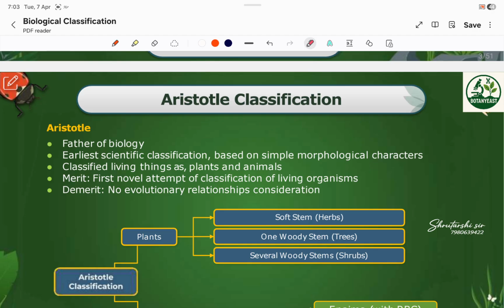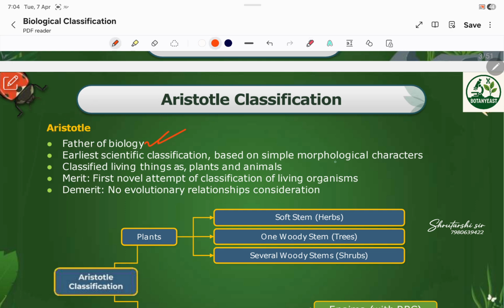It becomes very difficult to know their properties. So what scientists did, they started a system of classifying them. The first classification was given by Aristotle, who was known as the father of biology.